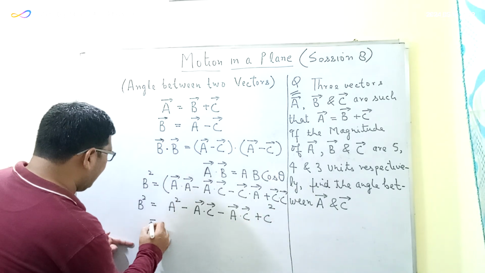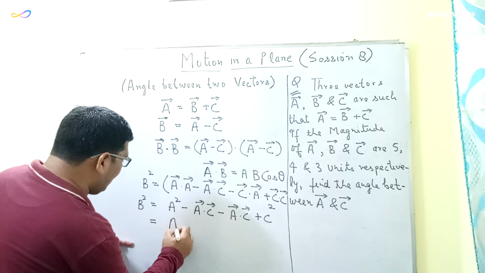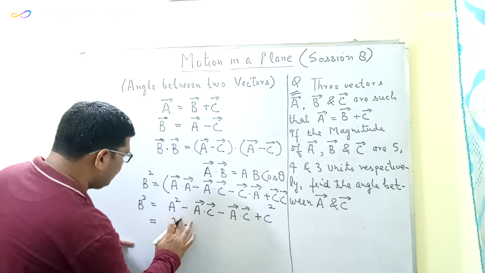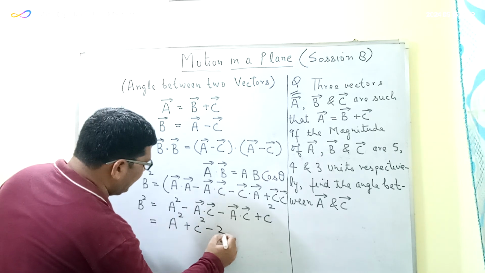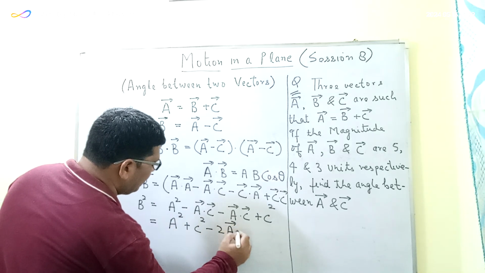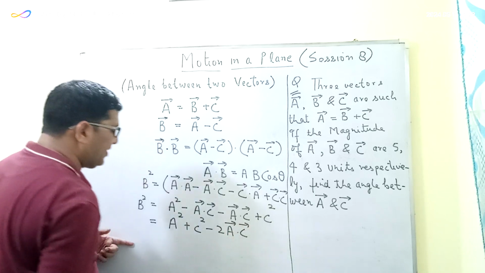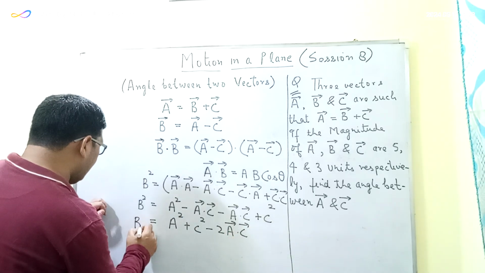So this can be written as A square plus C square minus 2 times vector A dot vector C, and this equals B square.